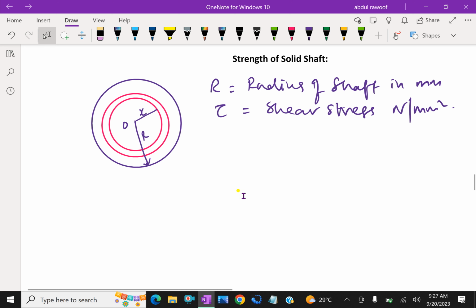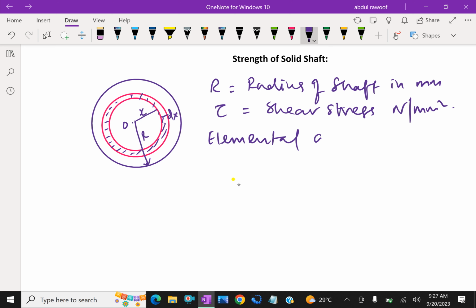Now let us consider an elemental area dA, at a distance x from the center, with thickness dx. dA equals circumference times thickness.